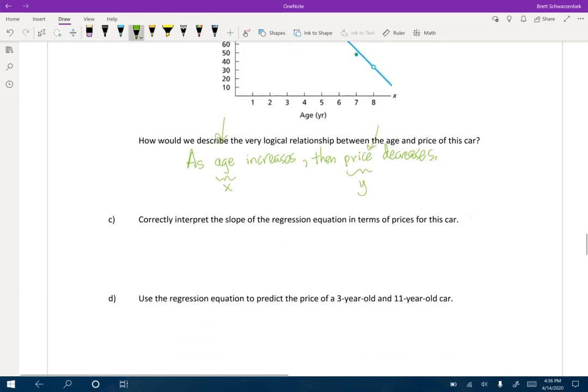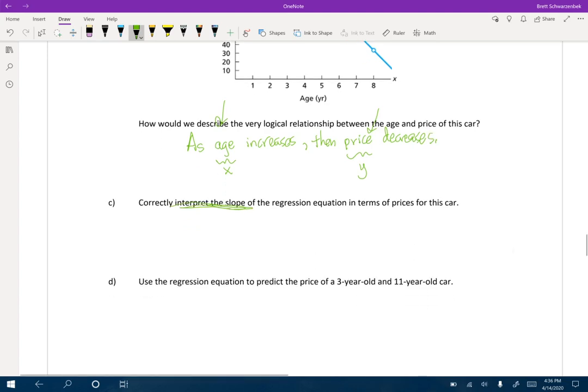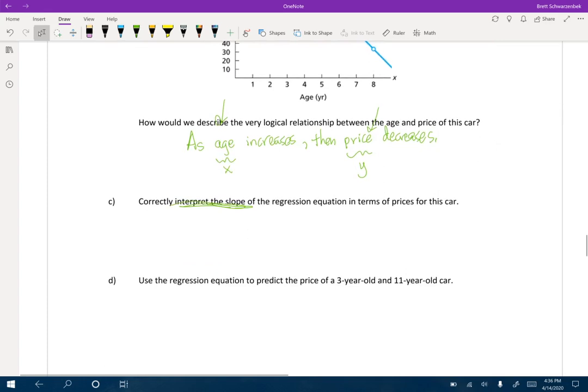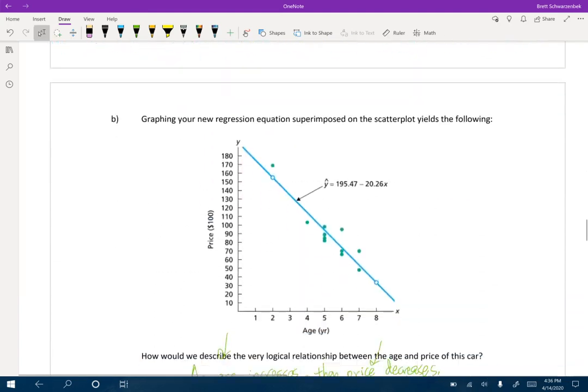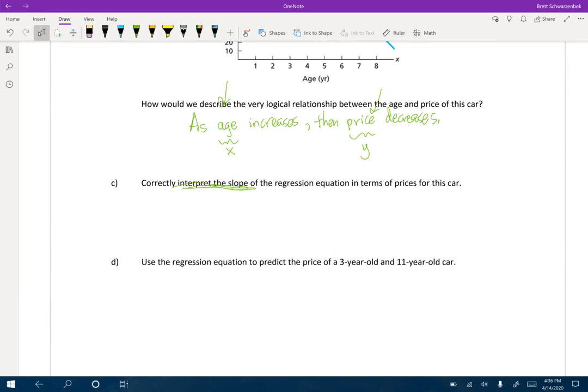Okay, what about this one? I warned you about this one. It says, correctly interpret the slope of the regression line in terms of the prices for this car. So we defined slope a while back as essentially the change in y per every 1 unit increase in x. So I'm going to write it out as a blanket statement.